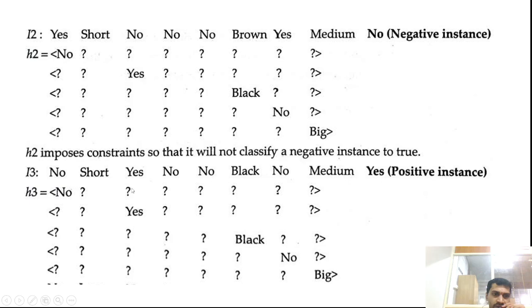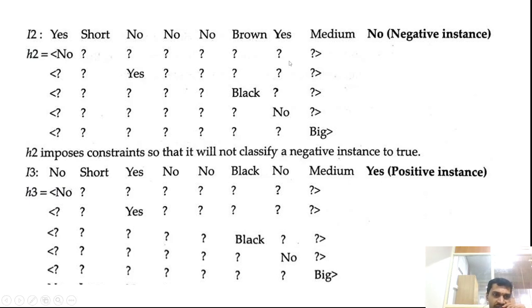Now my hypothesis would be no, because this is a negative instance. If I put a question mark or yes here, it will be ready to take the negative instance also. But I have to define my hypothesis only for positive instances, not for negative instances. So I will make it no, and all the others in the general form.